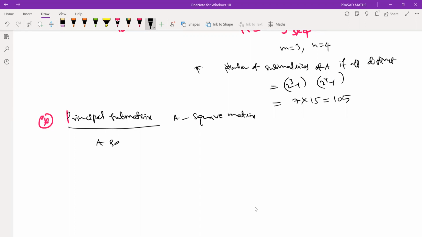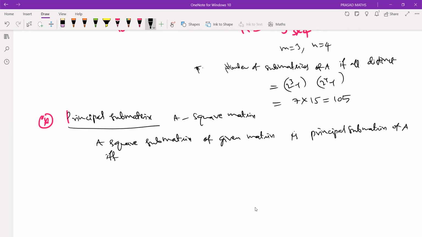So a square submatrix of a given matrix A is a principal submatrix of A if and only if its diagonal entries are precisely the diagonal elements of the given matrix A. Understand?